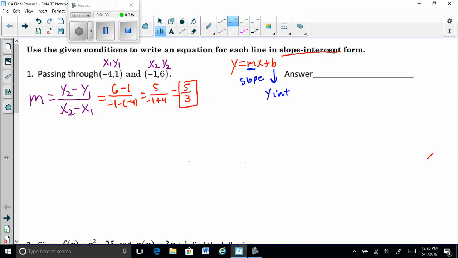There's a couple different ways of doing this. The most popular way is using the point slope formula, and so you just need a point and a slope. That formula is actually derived from the slope formula right here.